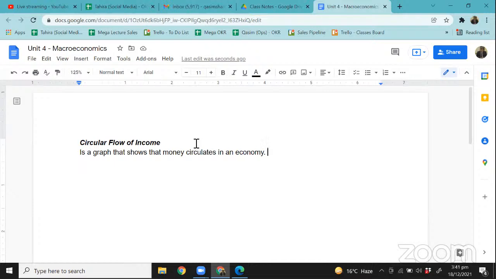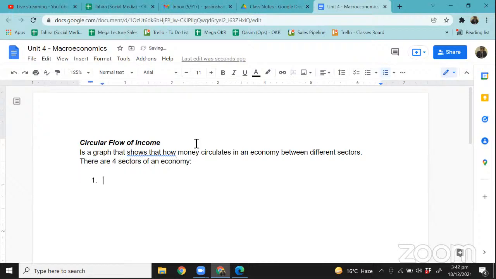And then there is another sector in the economy, which is international trade, right? Four sectors of an economy that show how money circulates in an economy. This being said, let's name the sectors. There are four sectors of an economy. Sectors meaning the groups.